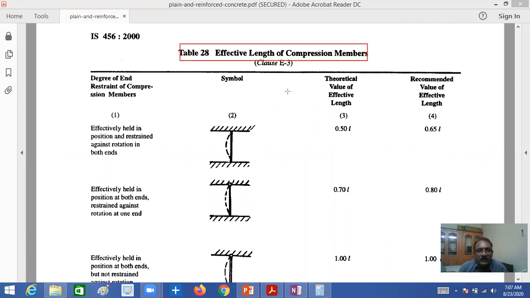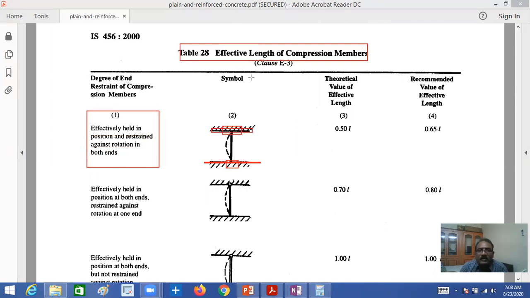In this table, the main thing is the degree of end restraint to the compression member. The first one: effectively held in position and restrained against rotation at both ends. That means both ends are fixed.